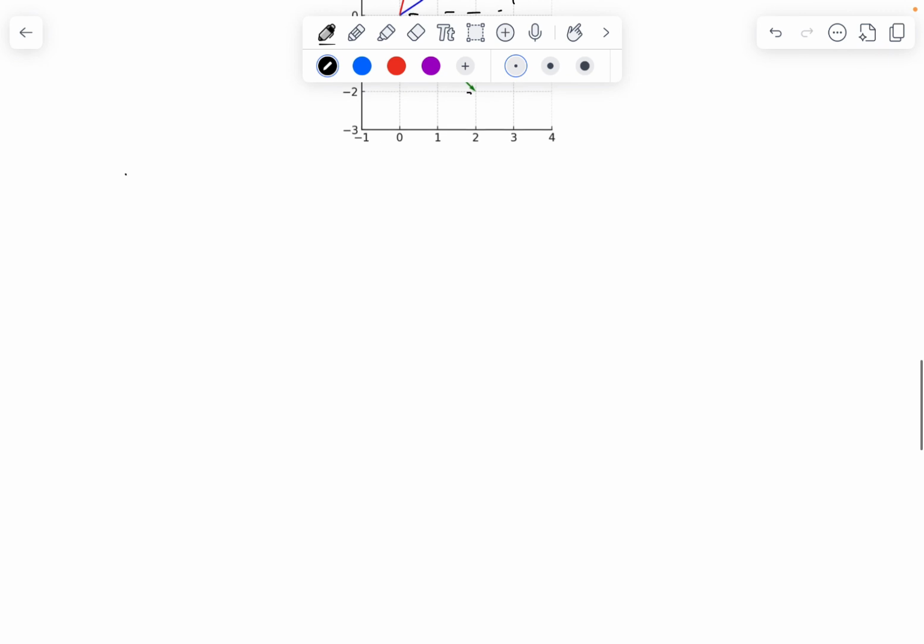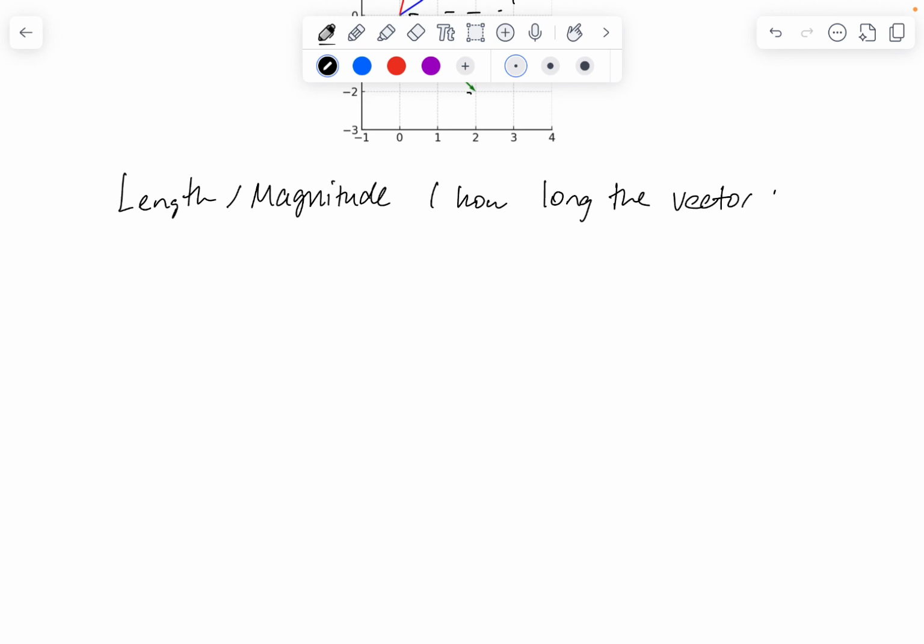There is also length or magnitude. And it's basically how long the vector is. And that's how you find length or magnitude.